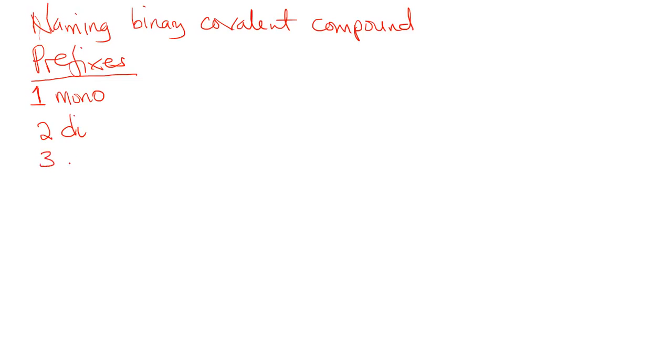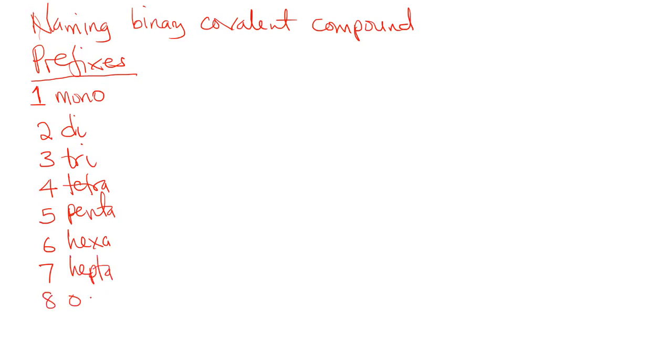If you have three atoms, the prefix is tri. 4 atoms, it is tetra. 5 atoms, it is penta. 6 atoms, it is hexa. 7 atoms, usually we use hepta or septa, so I'll just say hepta. 8 atoms, we use octa. 9 atoms, we use nona. And 10 atoms, we use deca.